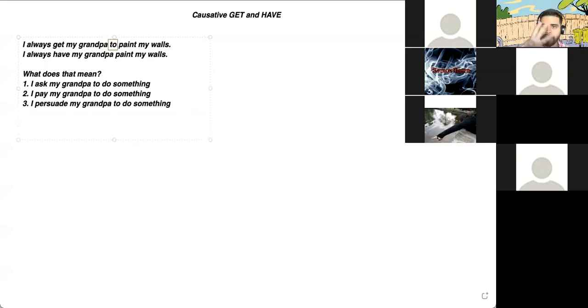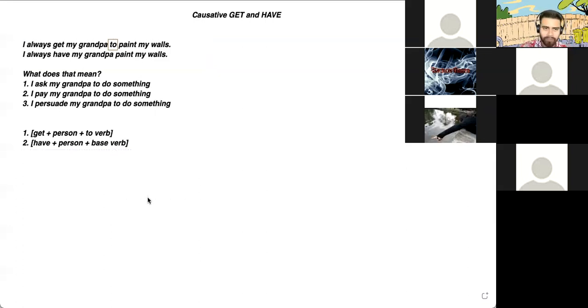There are three formulas. I'm going to give you the first two. The first formula is get plus person plus to verb. Get person infinitive. The second formula is have person and just the verb, base verb. Only the base verb. Let me emphasize that.